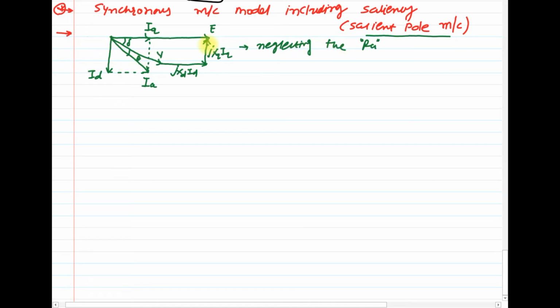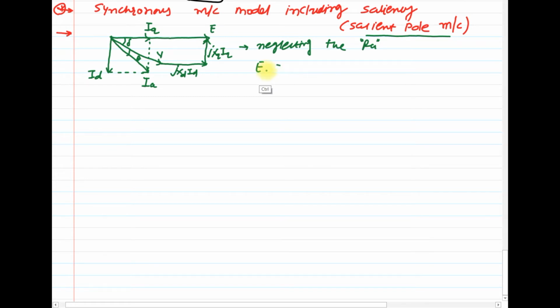Now, after drawing the phasor diagram, you have to explain all the terms. The first one is E, the no load generated EMF of the synchronous machine in per unit.